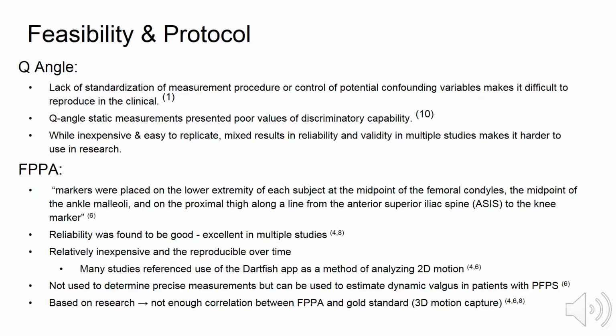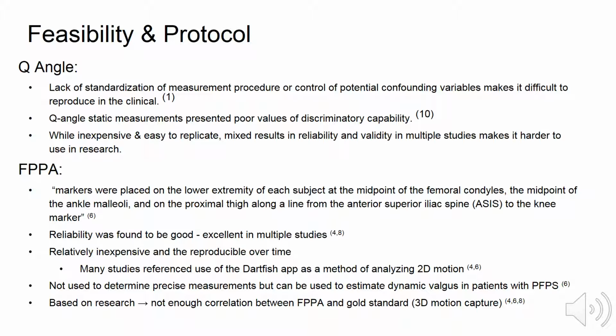And although there has been little data that supports a high validity of the FPPA compared to the gold standard, reliability has been found to be good to excellent. Many validity studies did, however, support the use of FPPA in a clinical setting to determine the presence of dynamic valgus in regards to patellofemoral pain syndrome and to encourage further screening by a 3D motion system.